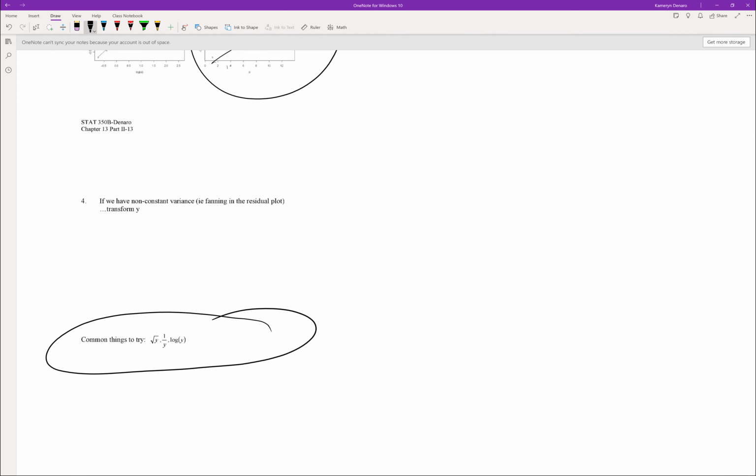A square root Y transformation, 1 over Y, or log Y are common transformations that you could possibly use that would help your model fit. So overall, I hope that these examples showed you, with some fake simulated data, things that you could try, or what your residual plots might look like when your assumptions are violated.